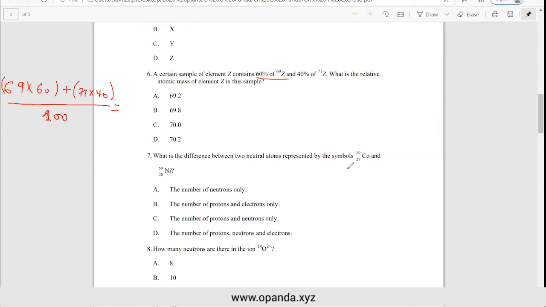Pacific, are you there? Pacific, can you tell me how you calculated your answer? How you proceeded to go to the answer you have? You can write it here. Write your answer here.